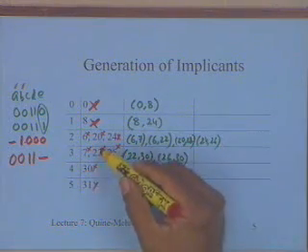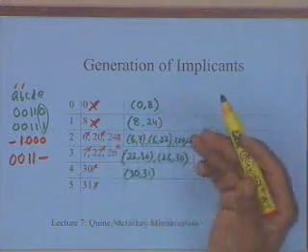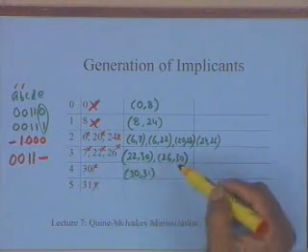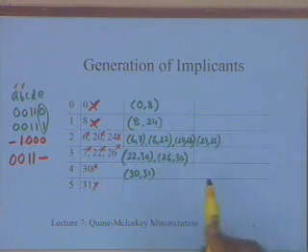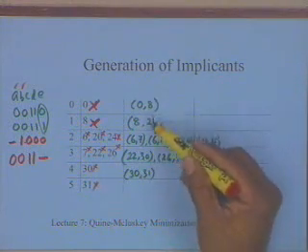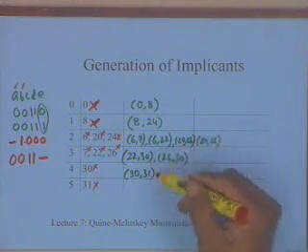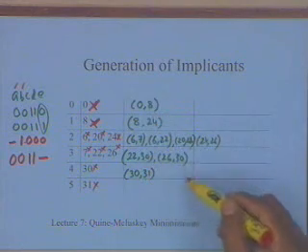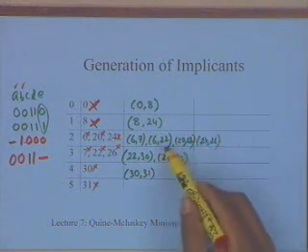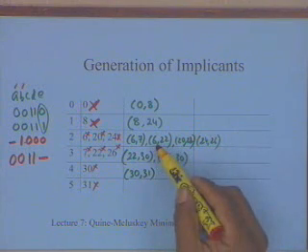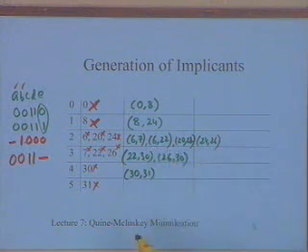But it could have happened that some of these minterms do not combine with any of the other minterms present. They may be isolated. In that case, we would have to carry them to the next stage of covering. But as I am not able to generate any more combinations out of these, I have to consider all of these to be prime implicants. If I were able to combine these and generate other implicants, then I could eliminate some of these from prime implicants.